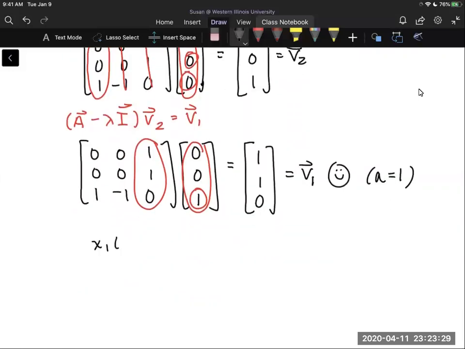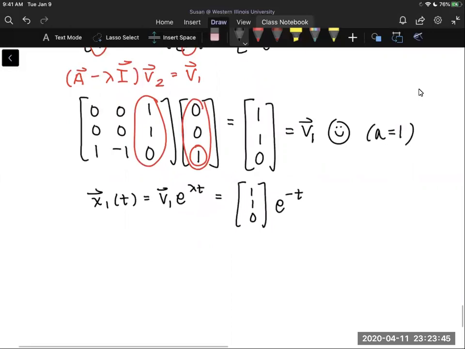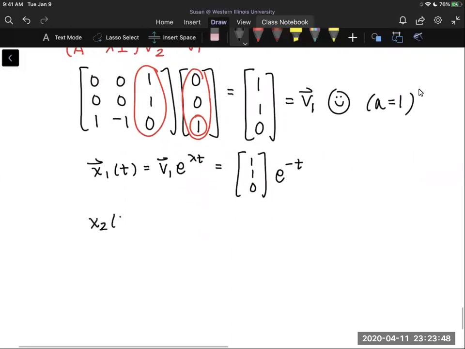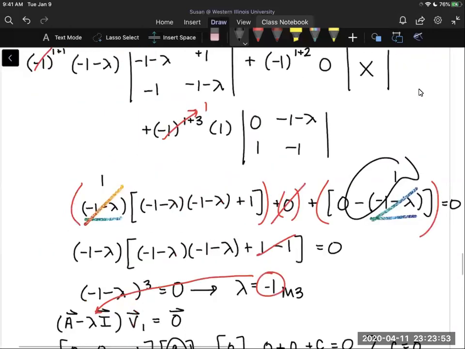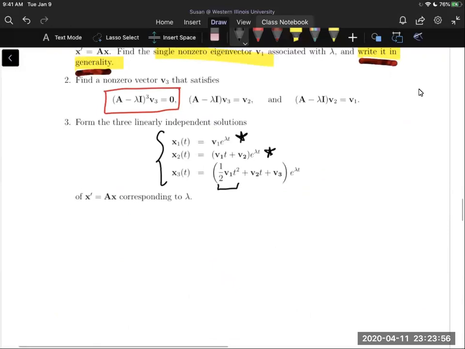So now we're ready to write out our solutions. We have x1 of t equals v1 e to the lambda t, which is 1, 1, 0 e to the negative t. Now let's write out our x2. And let's remind ourselves of what that one looks like. All right, so we're looking at this equation, (v1 t plus v2) times e to the lambda t.